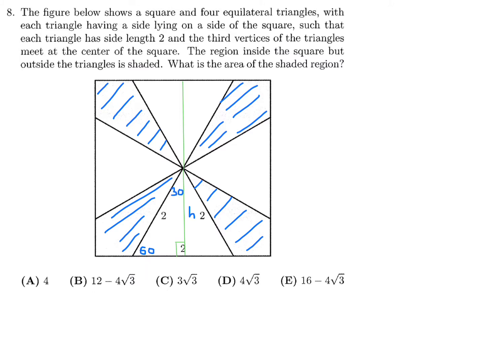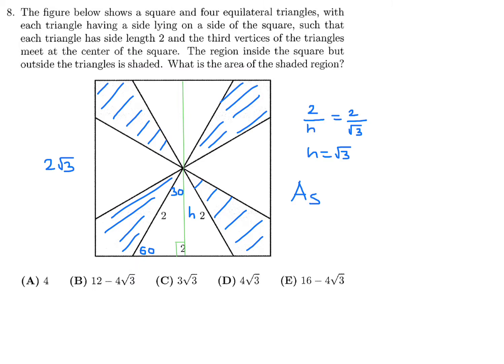And the ratio of the sides are, as always, root 3 to 2 and 1. So that means 2 over h is equal to 2 over root 3. And therefore h is equal to root 3. So if h is root 3, then this is root 3 also. So the top to bottom is actually 2 root 3. So that means the side of the square is 2 root 3.